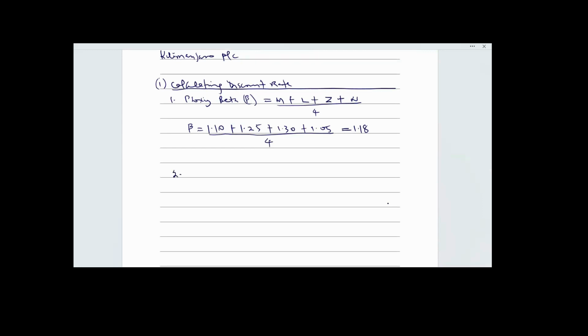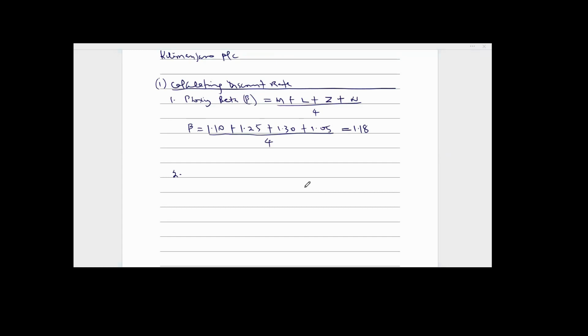In step 2, we are supposed to ungear the 1.18 only if the 1.18 beta is geared. So we go to the balance sheets of the proxy companies to check if they have debt in their capital structure. If you go to the material in the balance sheet under finance by, you will see that the 4 freezer companies have bank loan in their capital structure.